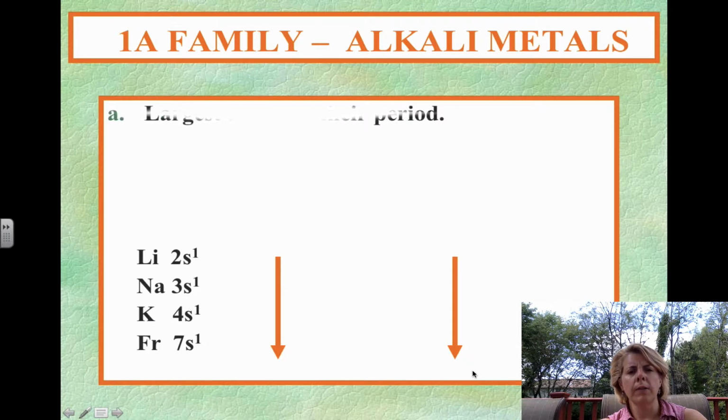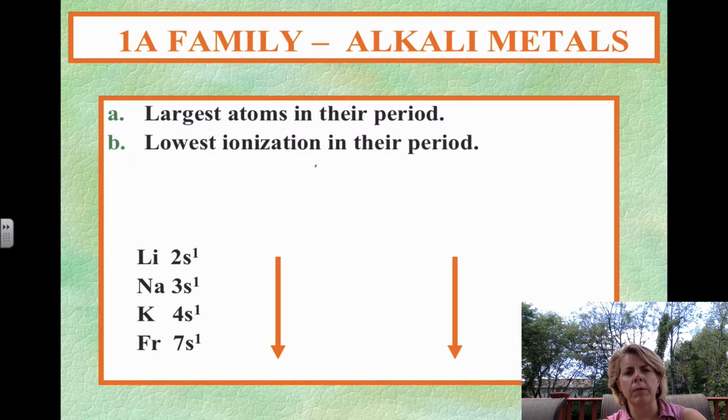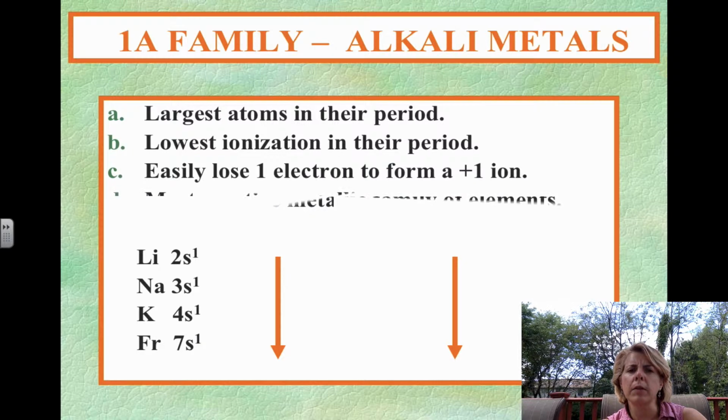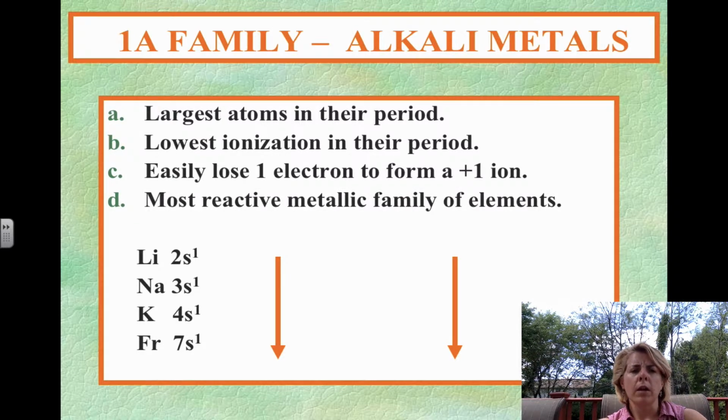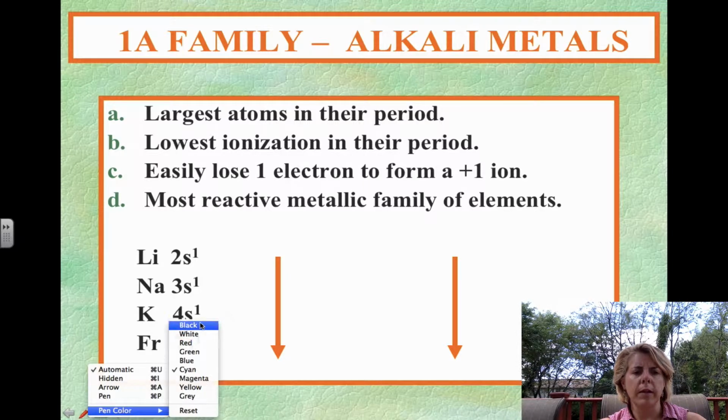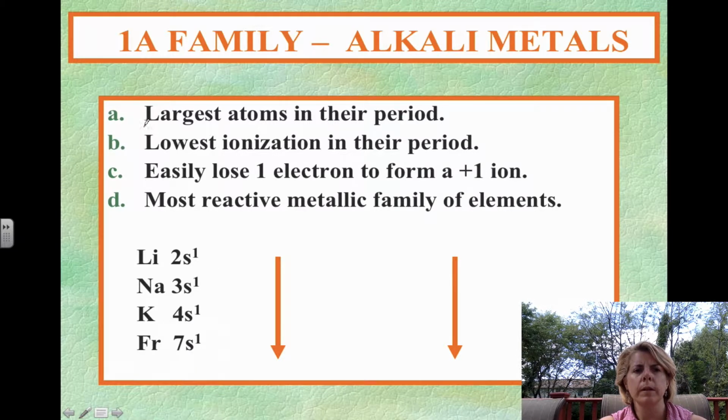Okay, so this is a general trend of the alkali metals. When you're looking at alkali metals, they tend to be the largest atoms for their period. On the left-hand side of the periodic table, we're talking about the largest sized elements. Notice they have the lowest ionization energy, and that's because they lose that one electron and essentially form a positive ion charge.